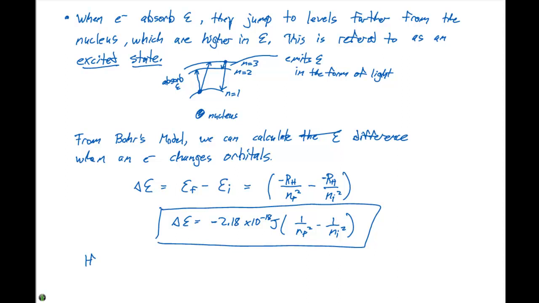So if ni is greater than nf, our delta E is going to be negative, and therefore energy is given off. If nf is greater than ni, our delta E is going to be positive, and the energy is going to be absorbed.